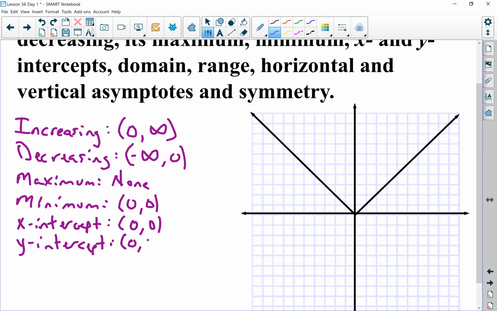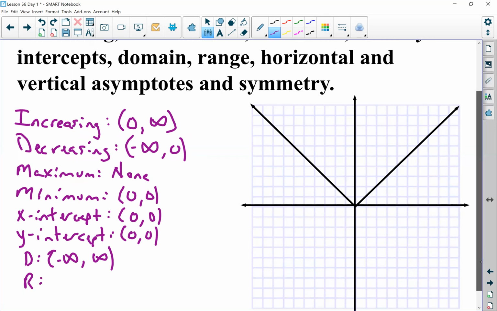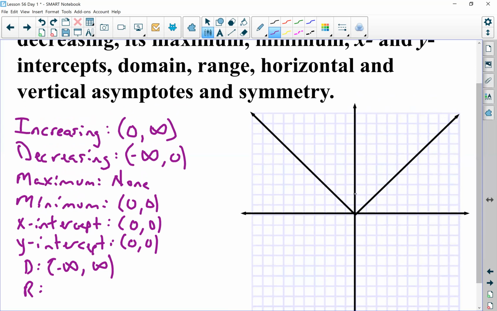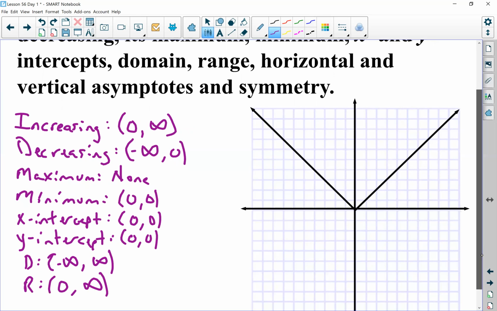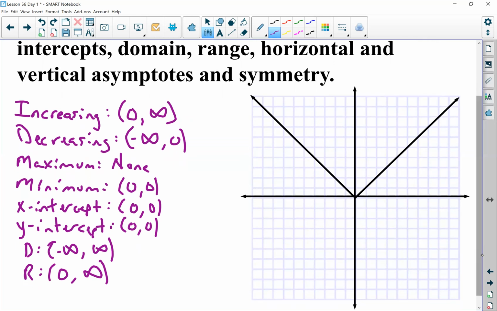That's the point 0, 0. The domain. I can plug in any value for X. So the domain is -infinity to +infinity. The range here, I don't have -infinity to +infinity. The lowest value that I can get is 0 for just the absolute value of X. And it can go to +infinity. There are no asymptotes. I'm not going to worry about that.